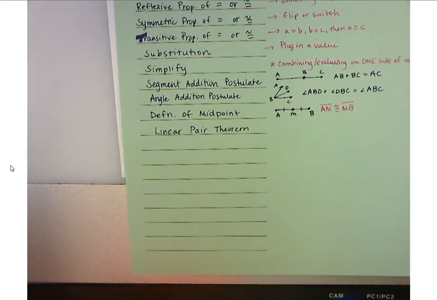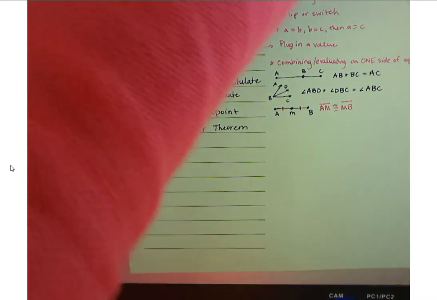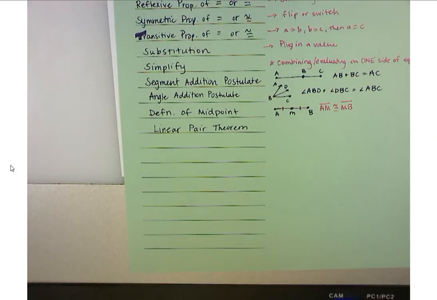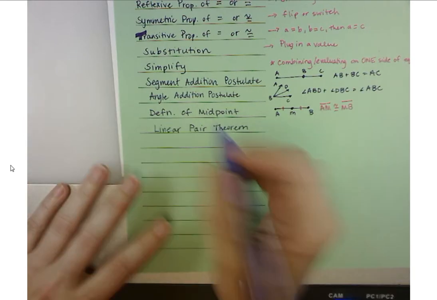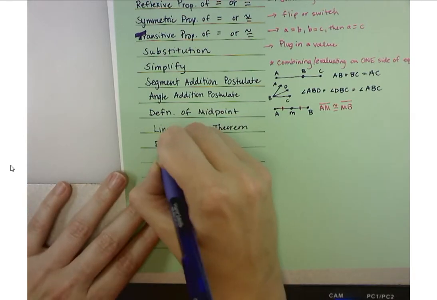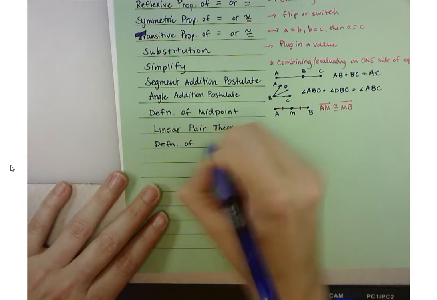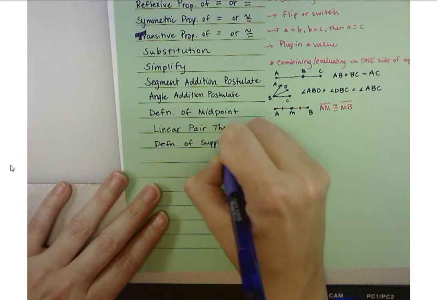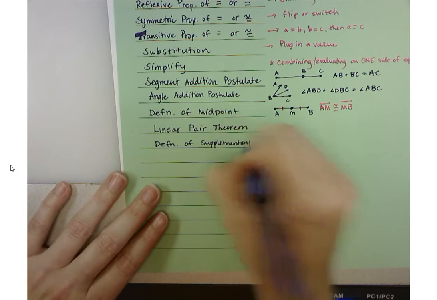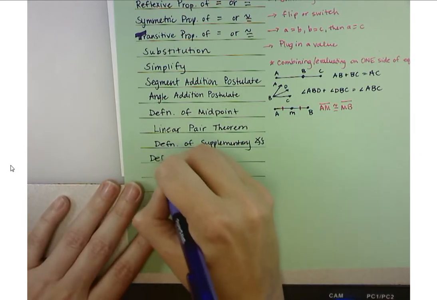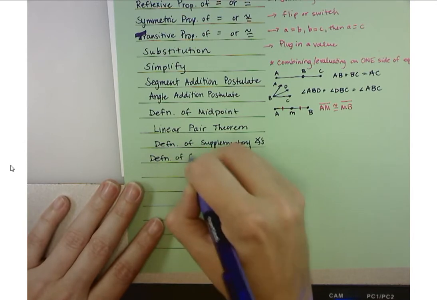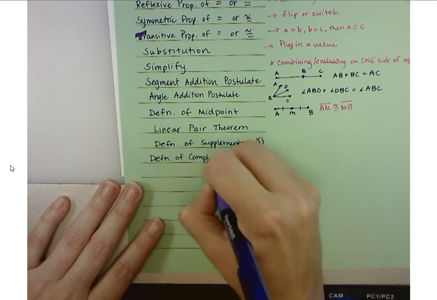Let's actually we'll write them down today and then we'll define them tomorrow. So there's a linear pair theorem. There's also going to be the definition of supplementary angles. And if we're talking about supplementary angles, there's also what type? Complementary. Yep. And complementary is with an E.